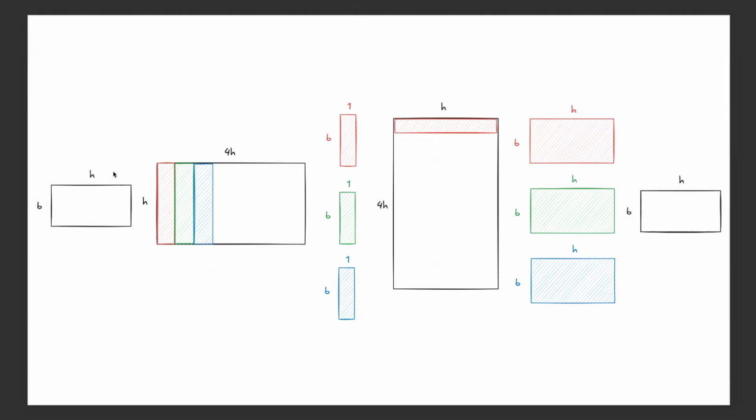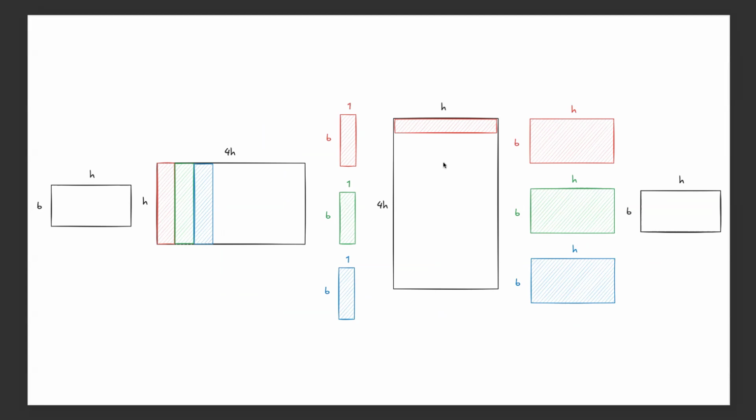We had b by h, and we multiply it by only a single column of our h by 4h matrix, which distributes our weights into our MLP block. As a result, when we multiply b by h by a single column, we get a tiny vector b by 1. When we slice this h by 4h across multiple GPUs, we get multiple of these b by 1 blocks. And they're very small, right?